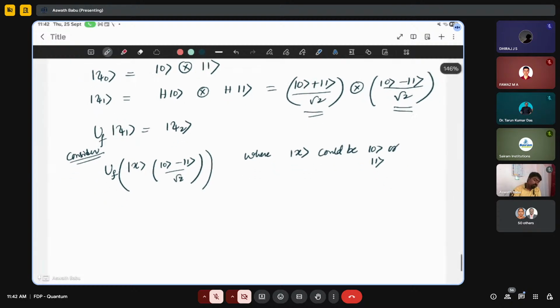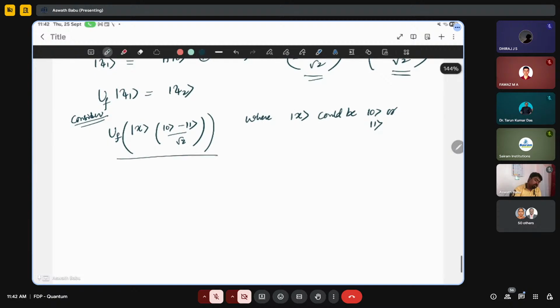Now as you see, the unitary acting on such a system is going to give you the control as it is, with the target being flipped with the functional value of x. Let me write that down neatly again to avoid any confusion. Let me write the x also inside so that you will not get confused.